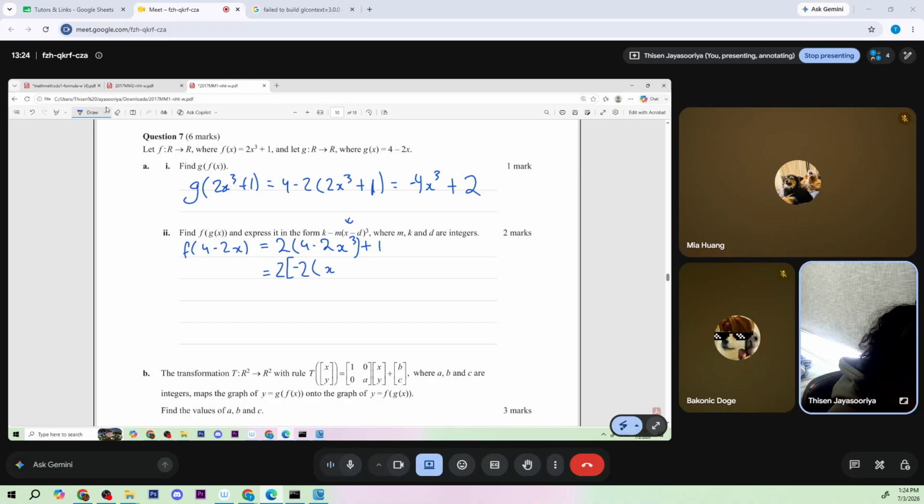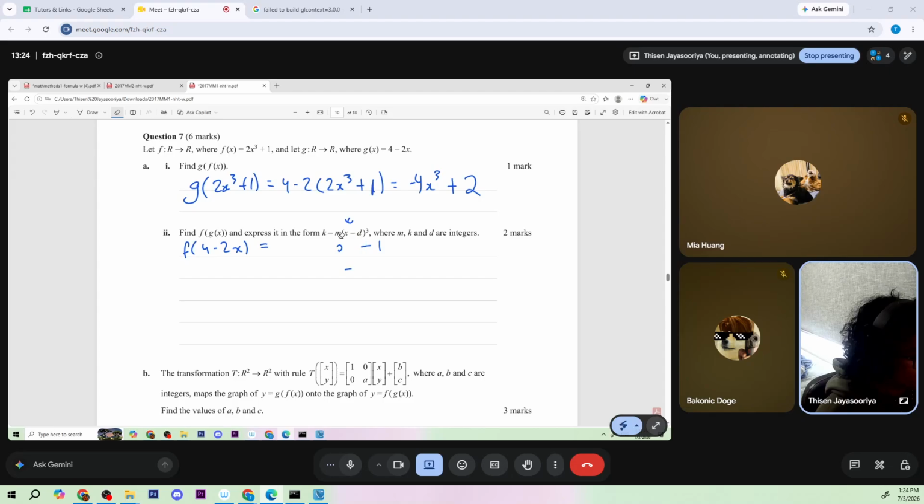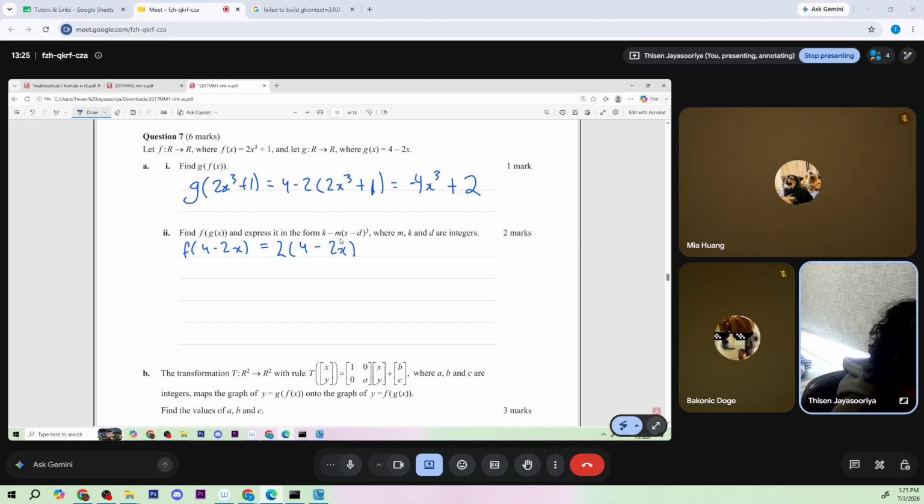I'm going to have x cubed take 2. Wait, I've stopped this, that's why. I've written this one. This is what happens when you try and rush. Make mistakes. So it's 4 take away 2, the cube is on the outside, plus 1.